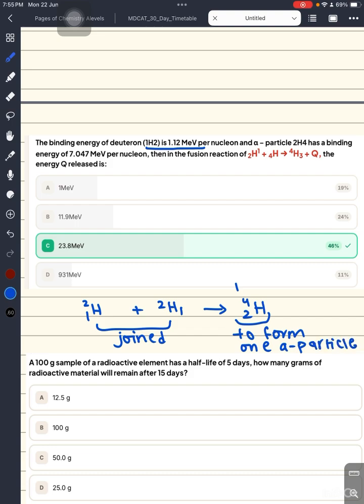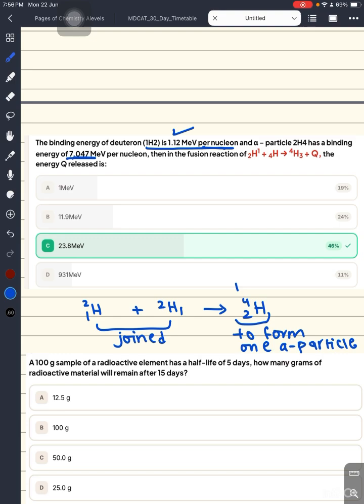Simply, the binding energy of deuterium is 1.12 MeV per nucleon, and the alpha particle has a binding energy of 7.047 MeV per nucleon.